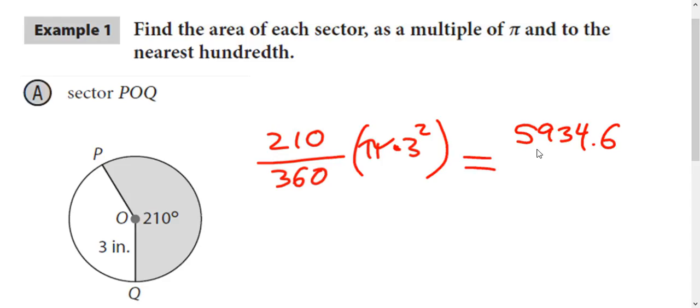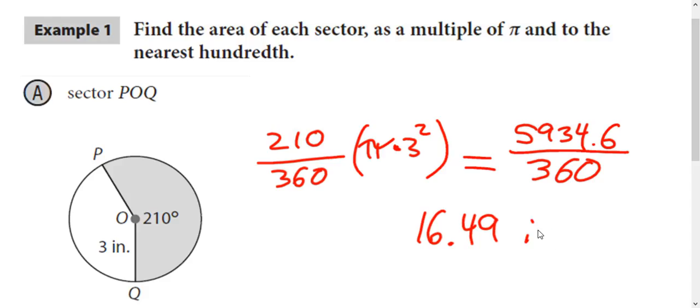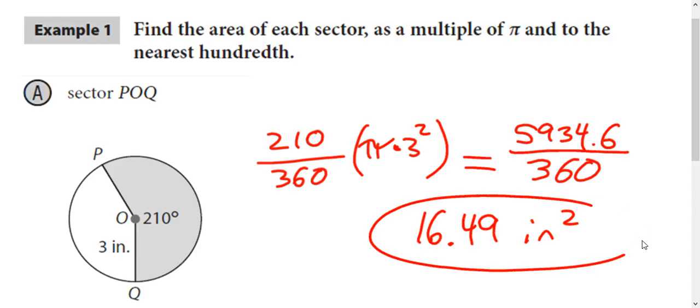Then we still have the 360 in the denominator, so we finish by dividing by 360, and you get 16.485. To the nearest hundredth, that would round to 16.49. It's area, so it's inches squared.